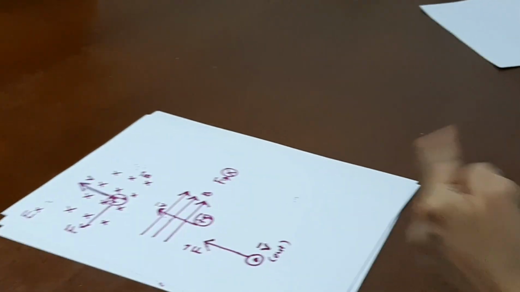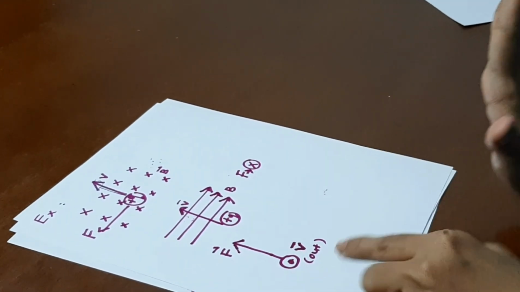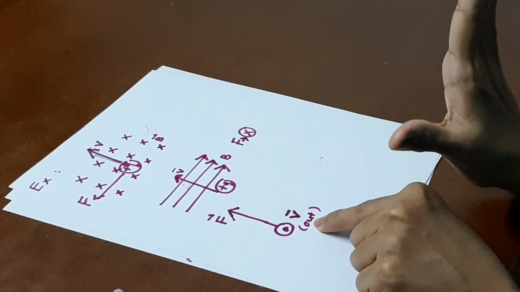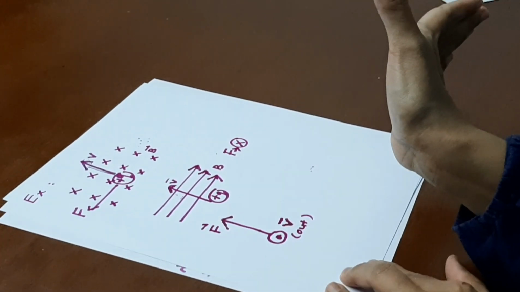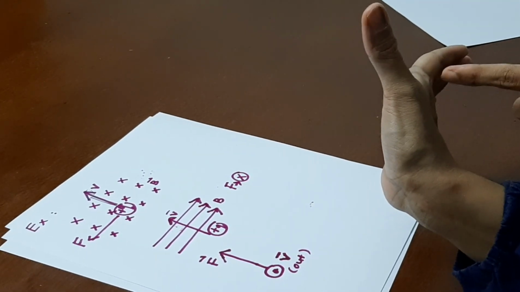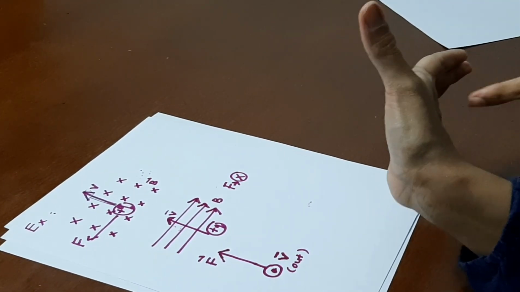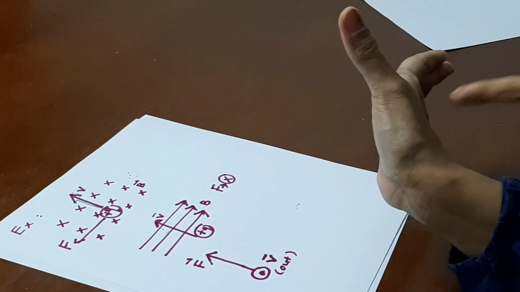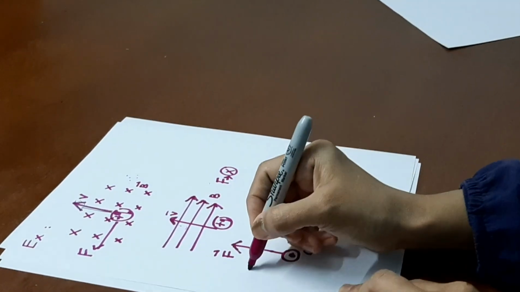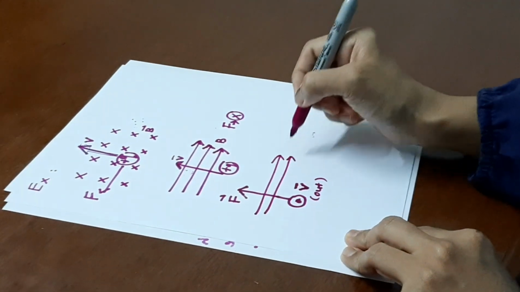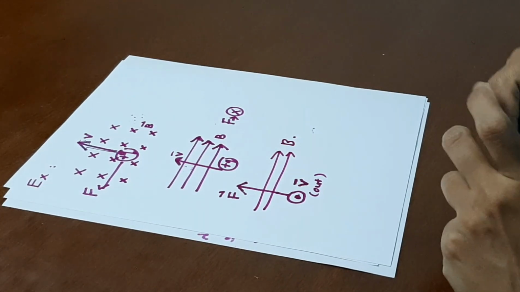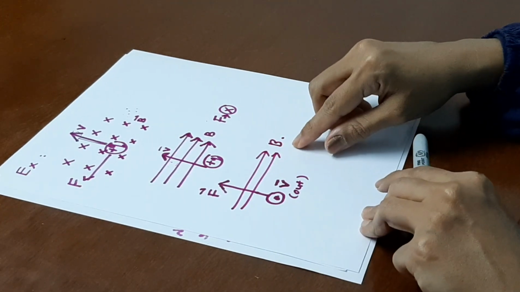The velocity is out of the page. Automatically your four fingers are directed to the right. So you have it like this, and this will be the direction of your magnetic field.